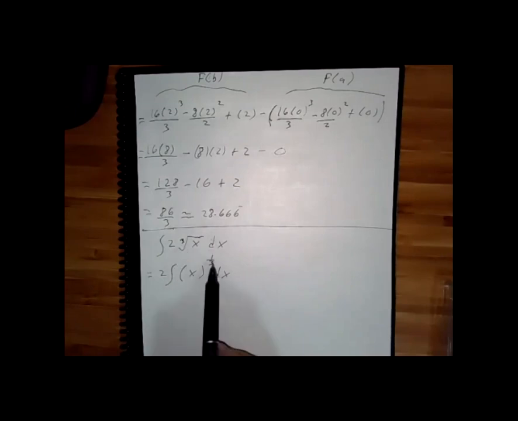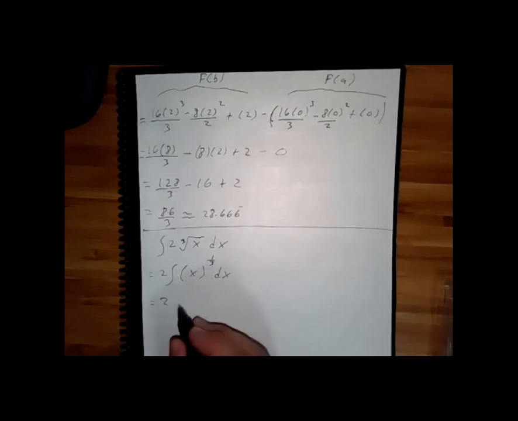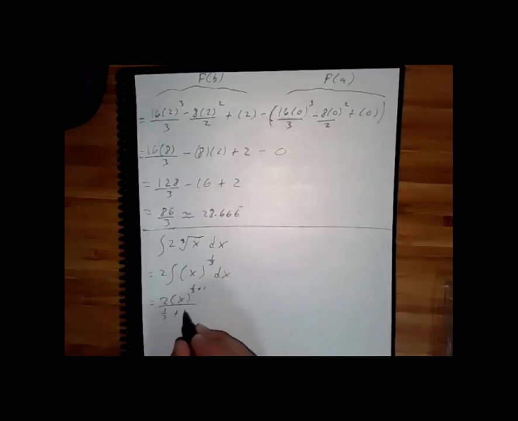So I can change this into a power because cube root means 1/3 power, right? So now integrate it, and you'll get 2 times x to the 1/3 plus 1 over 1/3 plus 1.